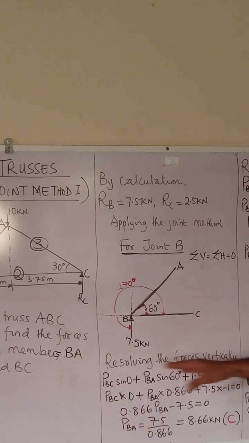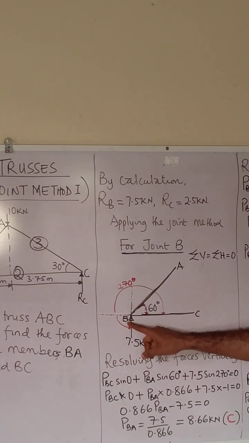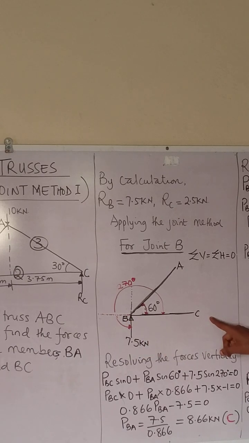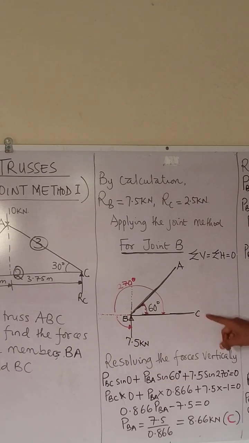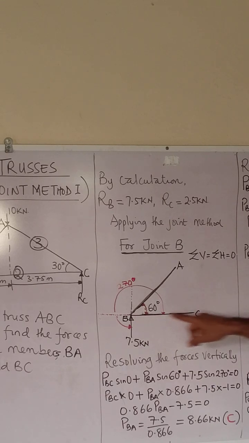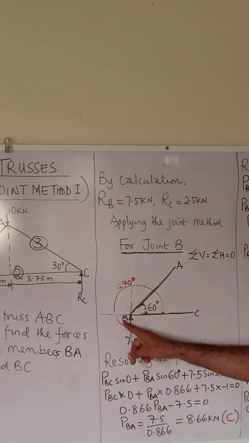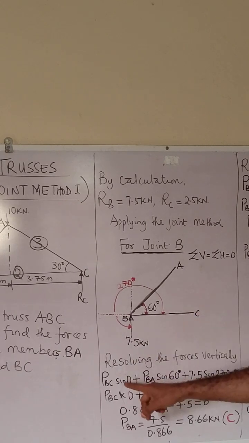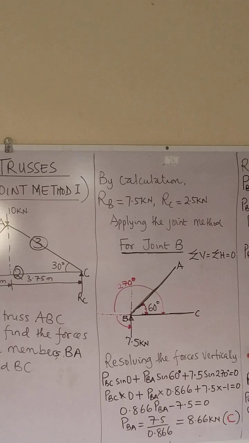For vertical resolution, we have the force in BC multiplied by sine of the angle of BC, which is 0, because when you are resolving vertically, you use sine.